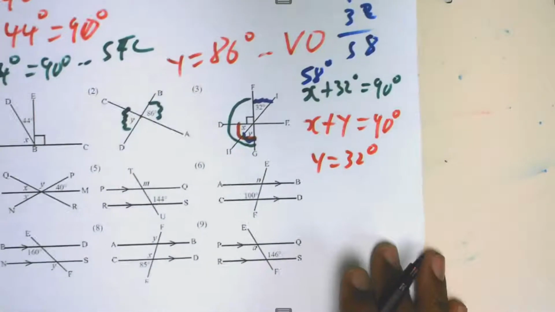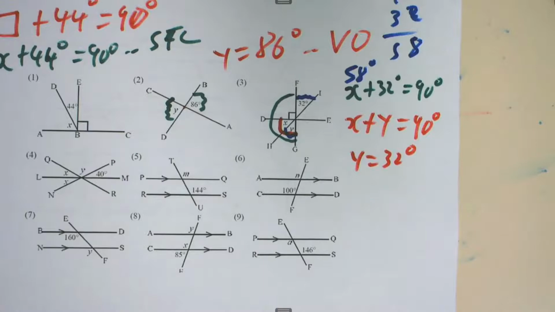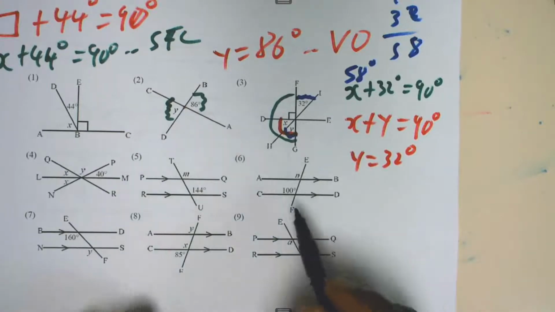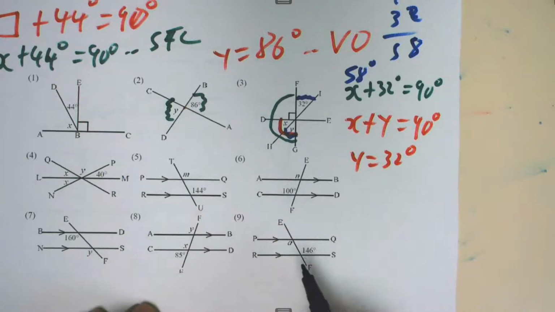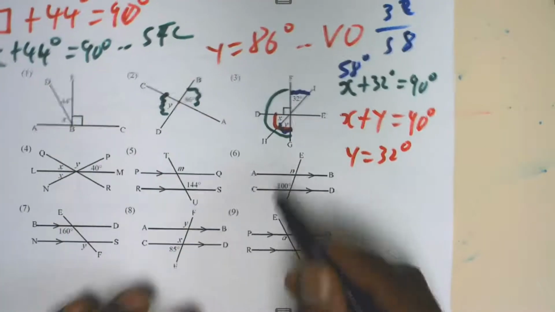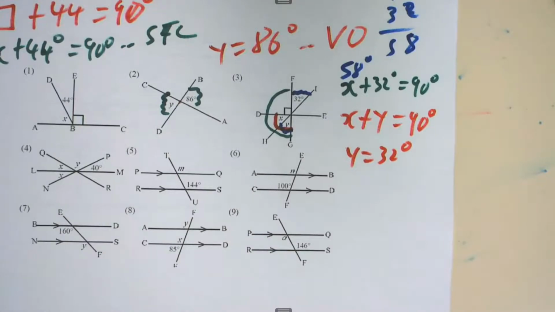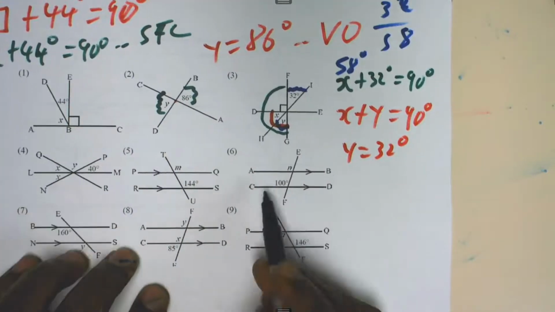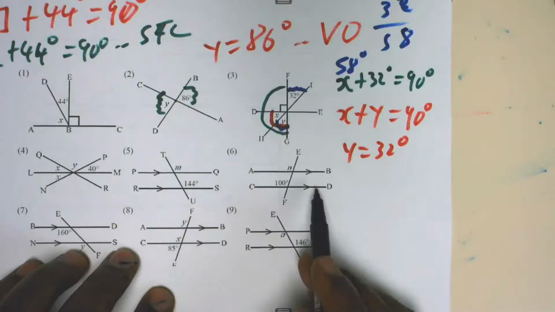It's 58. Again, they are looking for n. Where is n? What is the relationship of n with anything there? Oh, we see, there are parallel lines.